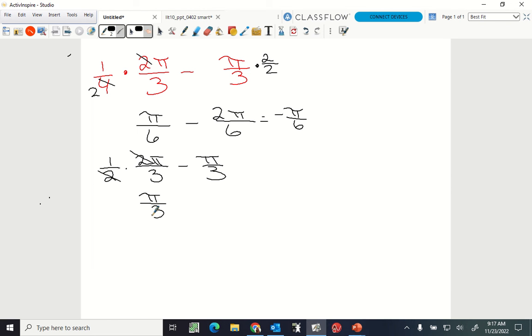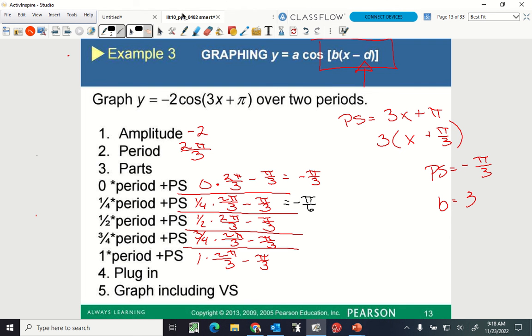Very good. Pi over 3 minus pi over 3 is 0. Let's go to the next one.